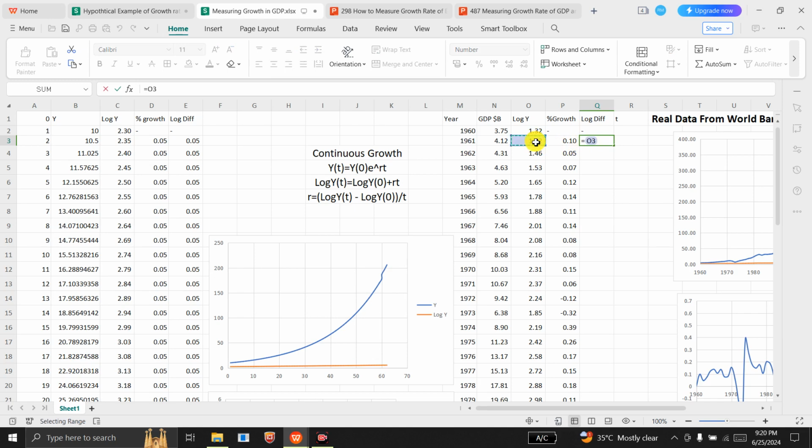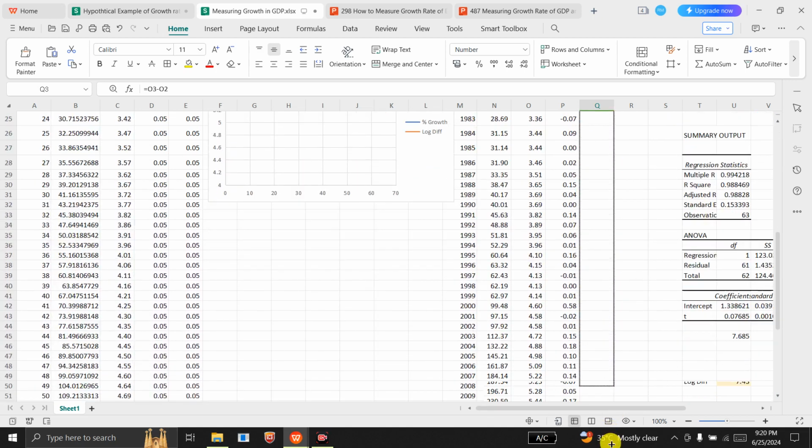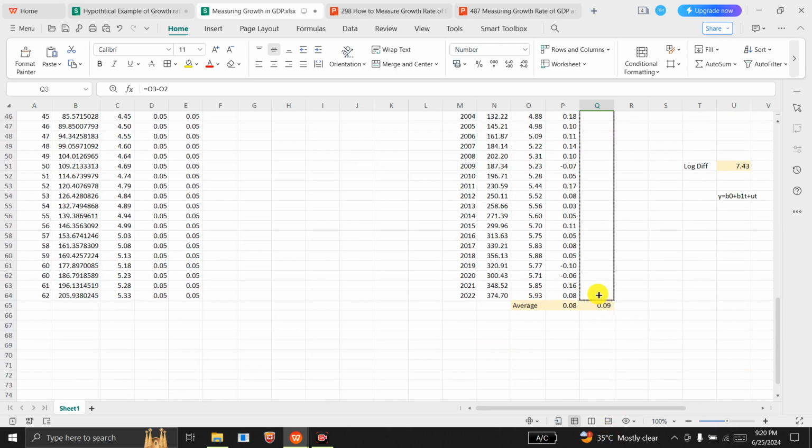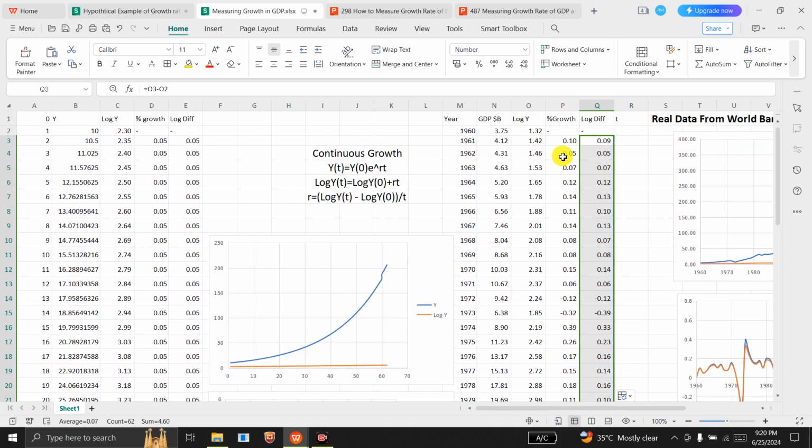So this minus this log, that gives me 9%, and using the percent growth formula, it gives me 10%. Let me drag this for this whole series, and these are the various growth rates for the various years. There is a little bit of difference between the two formulas.